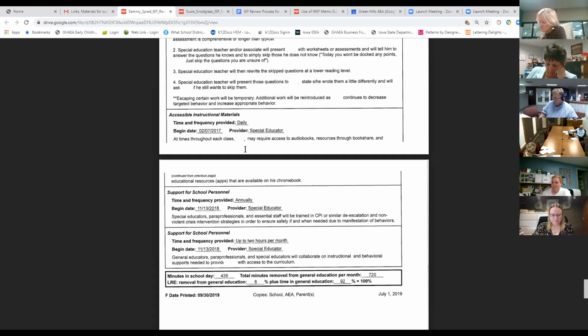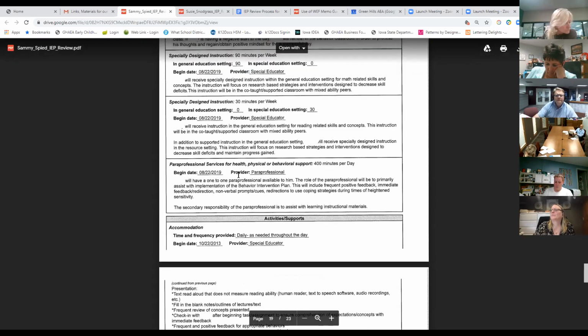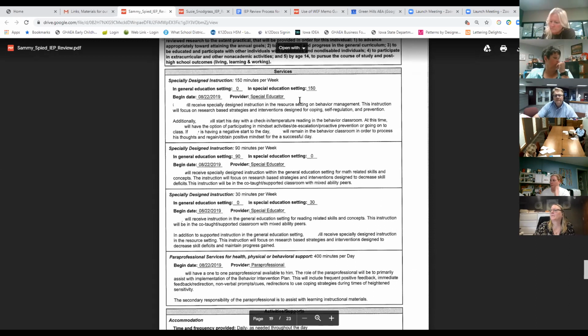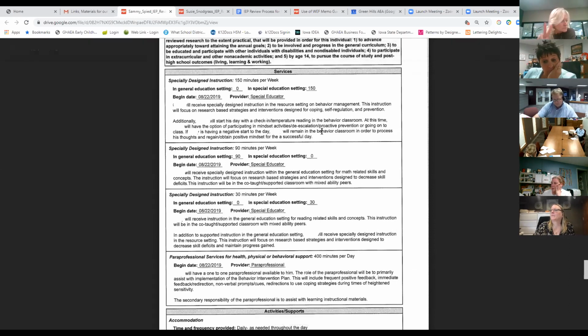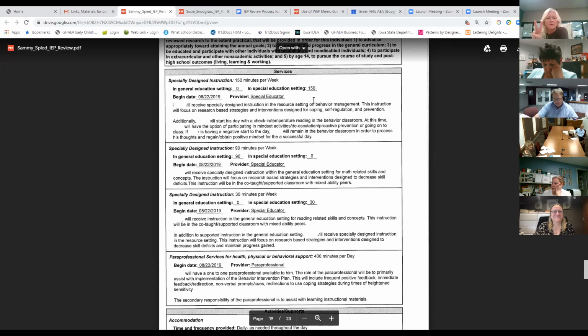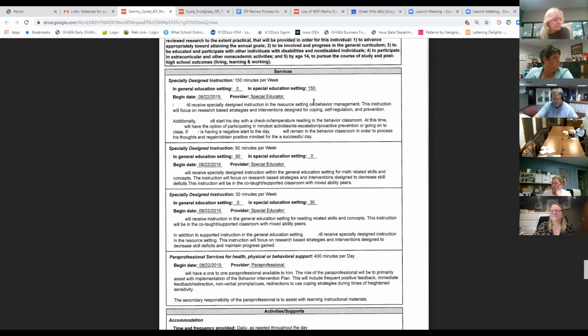And then specially designed instruction, how many points are we thinking for SDI? Did you find 2? I don't want to say. 2? I think 2 is it.